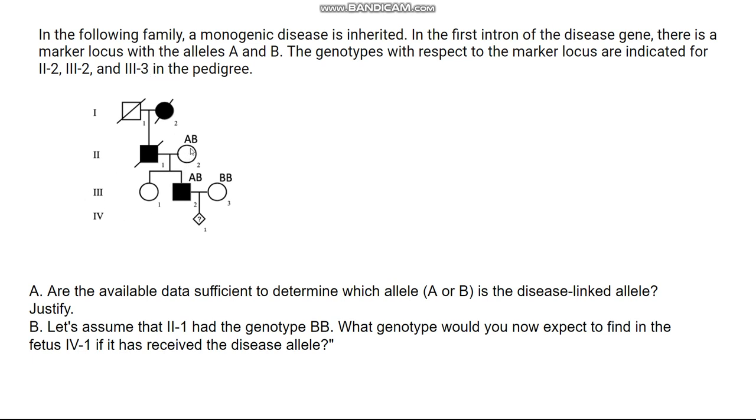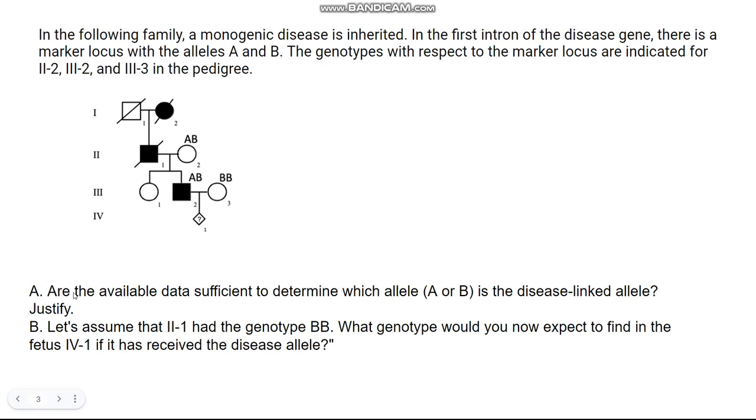As you see here, you have the genotypes with respect to the marker locus. Now they ask: are the available data sufficient to determine which allele, A or B, is the disease-linked allele? Justify your answer.